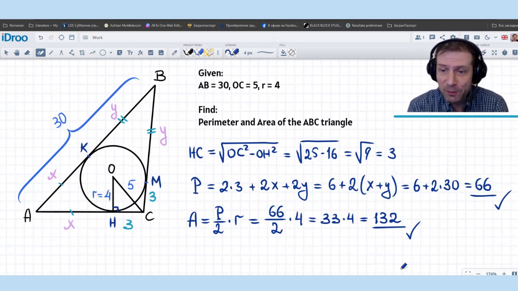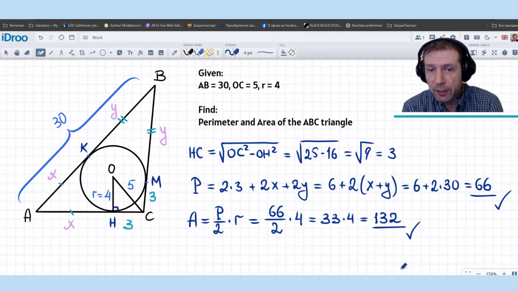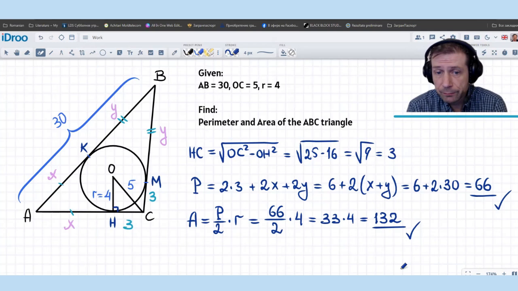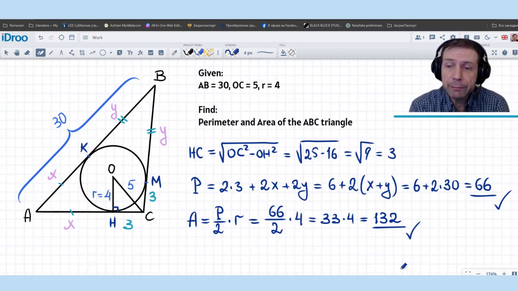I post the problem. But basically, again, firstly, we try to figure out whatever we can do with the given data right away. Like we found OHC triangle as a right triangle, and then we calculated HC as 3 based on the Pythagorean theorem.